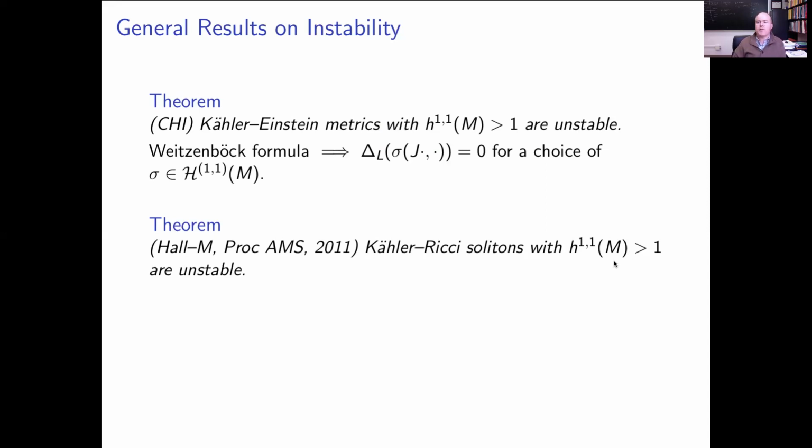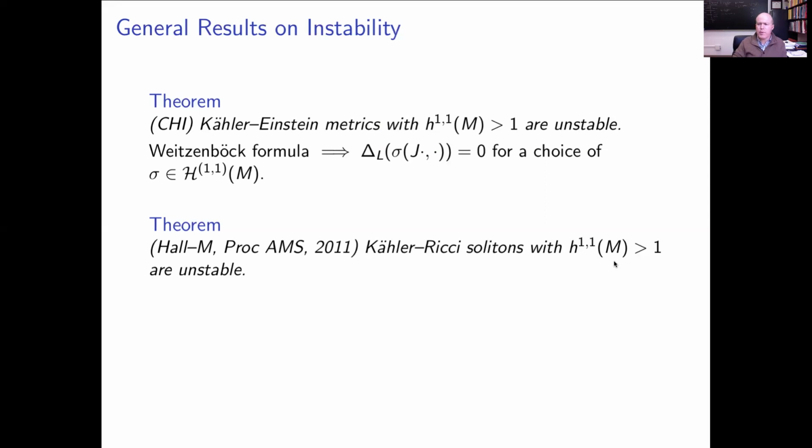So that gave some evidence to the conjecture, and in particular, it showed that stability is maybe a more interesting, or subtle, question for Einstein manifolds rather than for non-trivial Ricci solitons. And that's maybe one reason why we're going to restrict to study this problem for Einstein metrics in this course.